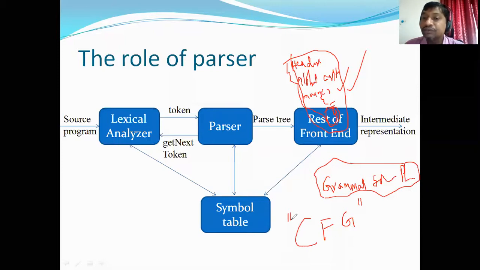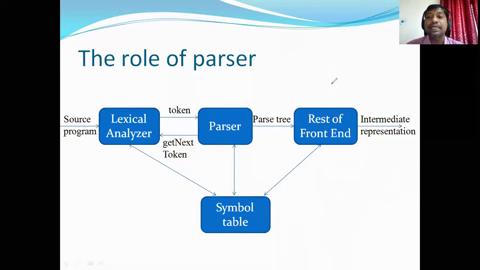For context-free languages, we have context-free grammar, for context-sensitive languages, we have context-sensitive grammar, and for recursively enumerable languages, we have recursively enumerable grammars. So what I mean to say here is context-free grammar is nothing but the grammar for the programming languages. So with this briefing, let us move into the details of the grammars.